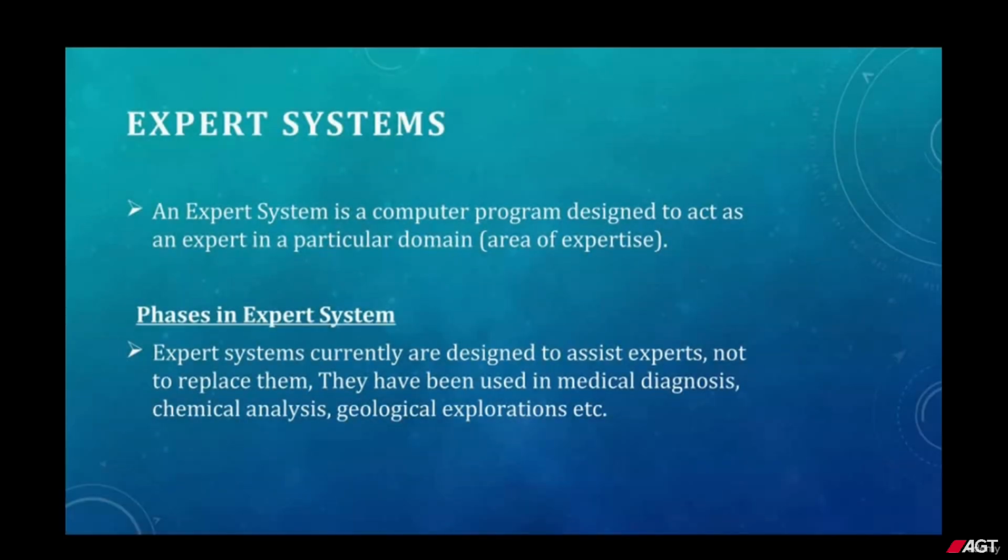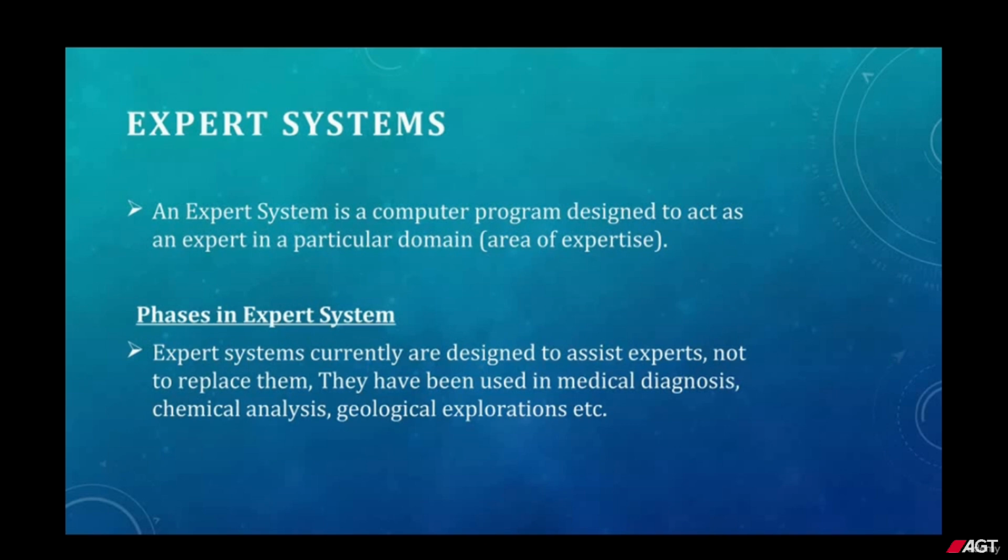Expert system. What is an expert system? It is an important part of AI. An expert system is a computer program designed to act as an expert in a particular domain area of expertise. It has expertise in its domain. Suppose it is designed for medical purposes, so it works in the medical field.